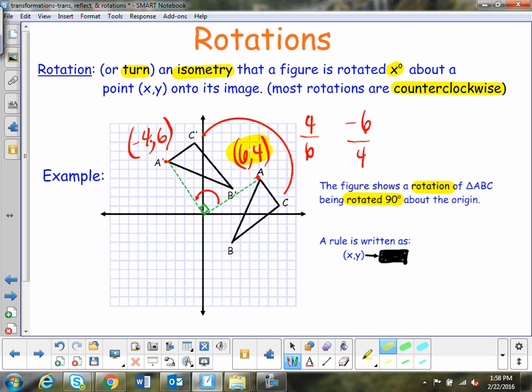Focus on the original one and the new one. They have some similarities. What did they do? They switched, right? But one of the signs changed. The 4 now became a negative 4. So here's how you write the rule: negative y, x. Highlight that, star it.